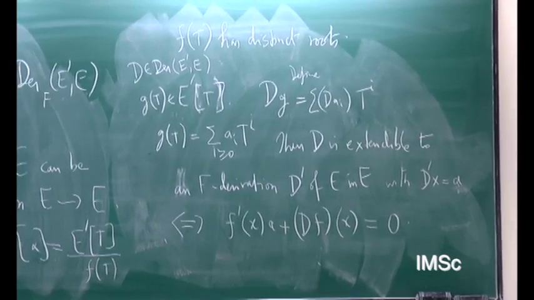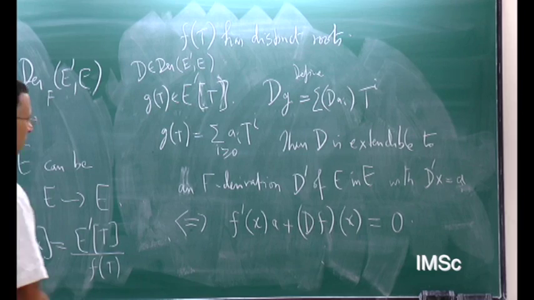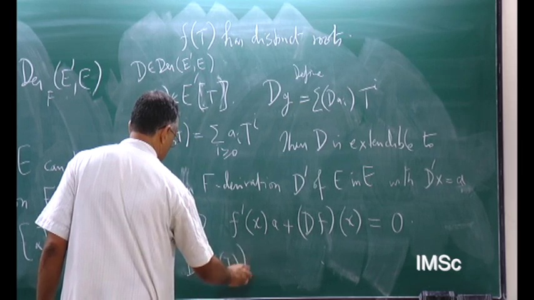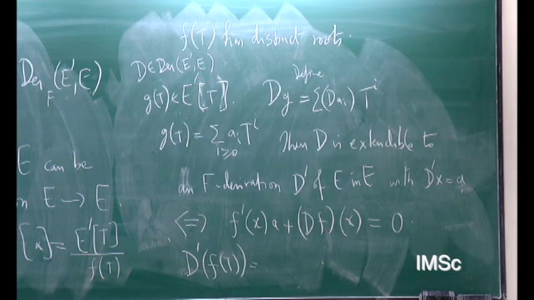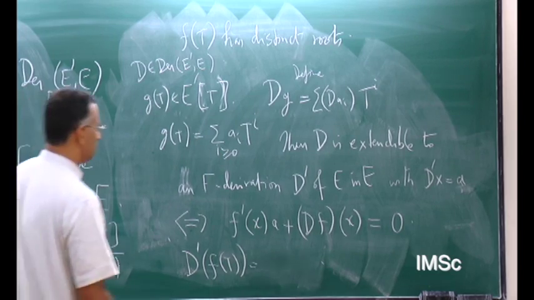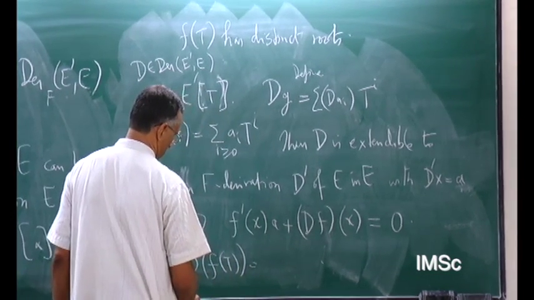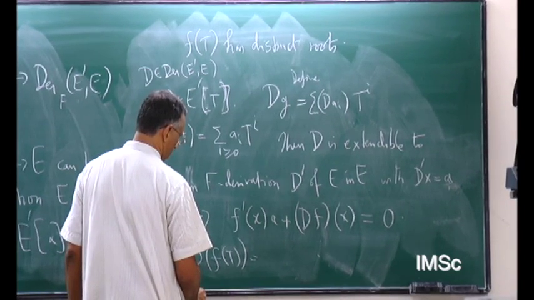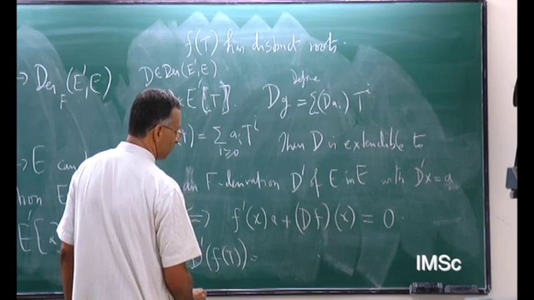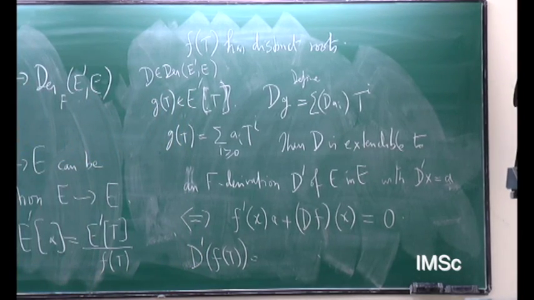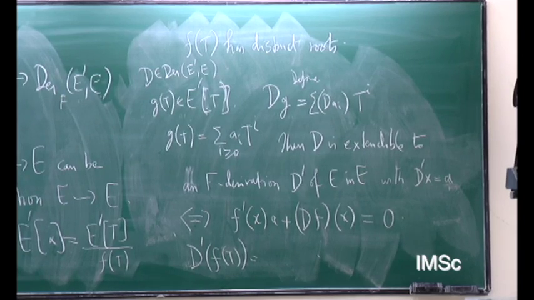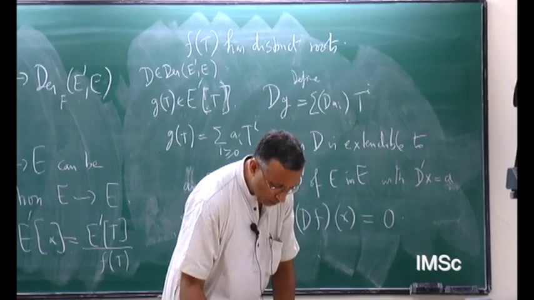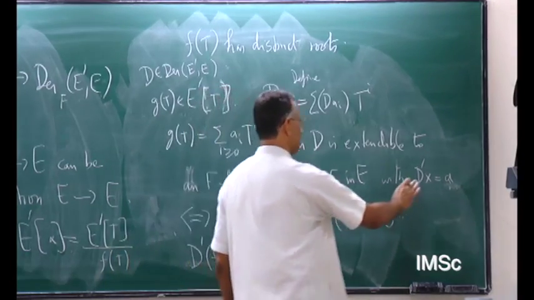Okay, so what is d' of f(t)? With d' of x equal to a, x is, I guess, alpha, right? So d' of alpha, this is our alpha.